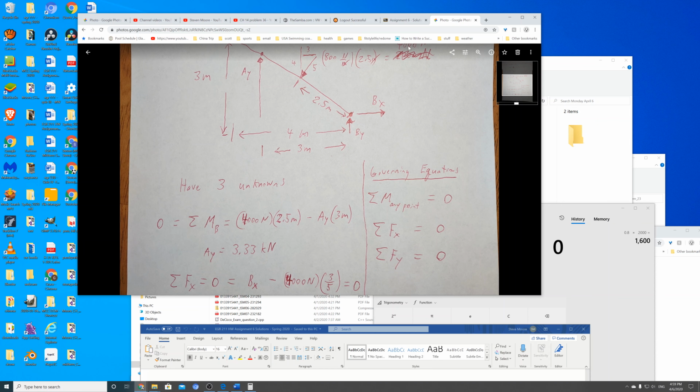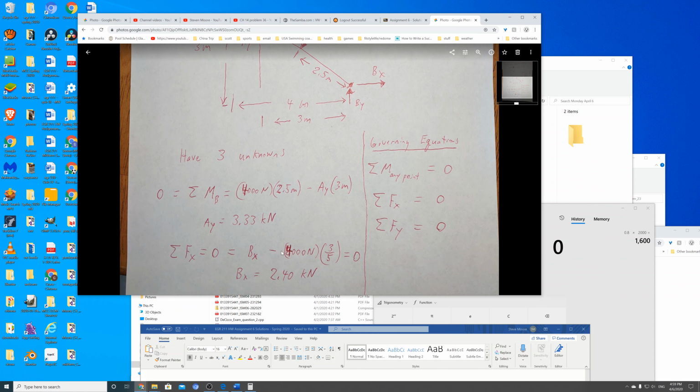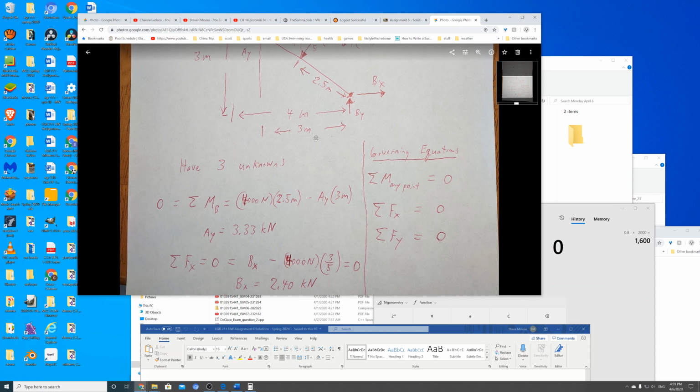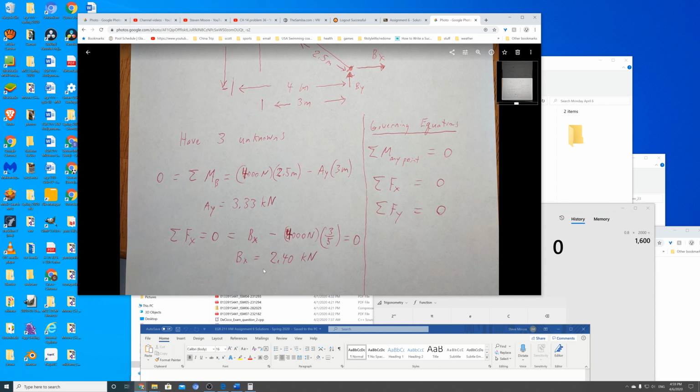It's going to be the 4,000 times 3 over 5, following the law of similar triangles. So 4,000 newtons times 3 over 5 gives you the x component. You'll notice that that's negative because it's in the negative x direction. It's this part right here, if you were to draw it out in its x and y components. We solve for that, and then we get 2.40 kilonewtons.